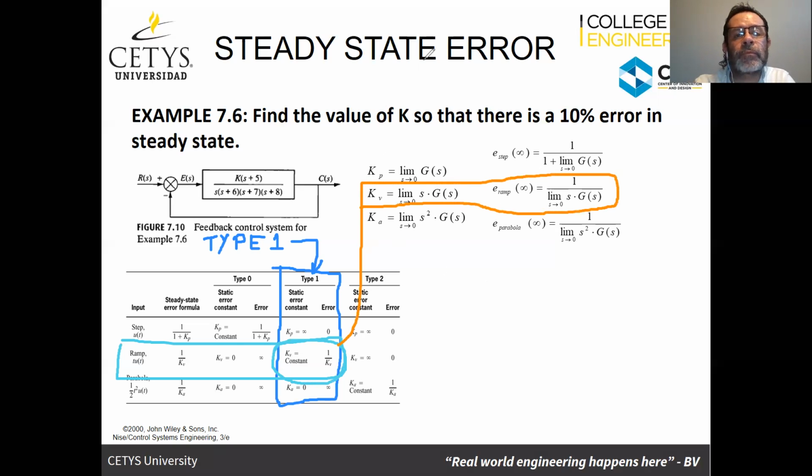So the constant that we're working with is KV. Okay, so I'm going to bring that over here. I'm going to use a different color here. So we're talking first off of a ramp.